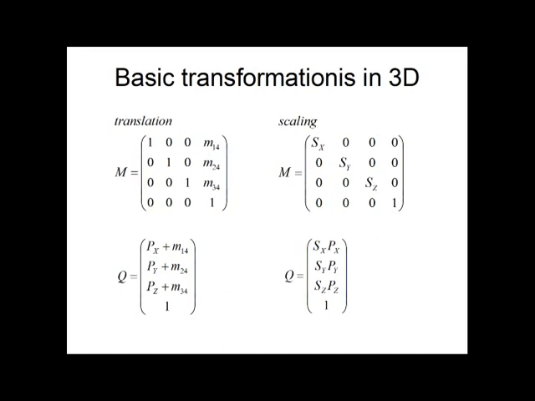Simply i, j, and k: 1, 0, 0, 0, 1, 0, and 0, 0, 1 for the x, y, and z axis. The axes are unchanged and they're oriented the same way, so they're parallel to their counterparts in the global coordinate system. The only thing that's changed is the point of origin. So translation is simply a change of point of origin in the coordinate frame that we're drawing into.